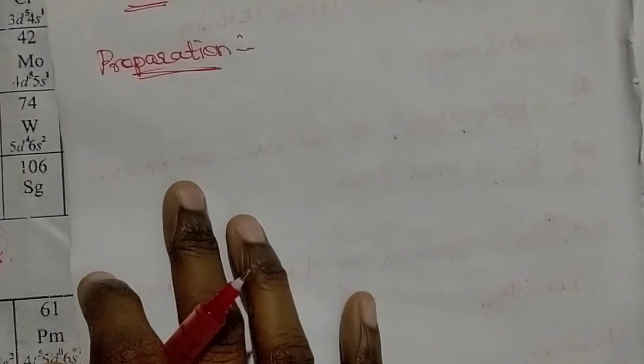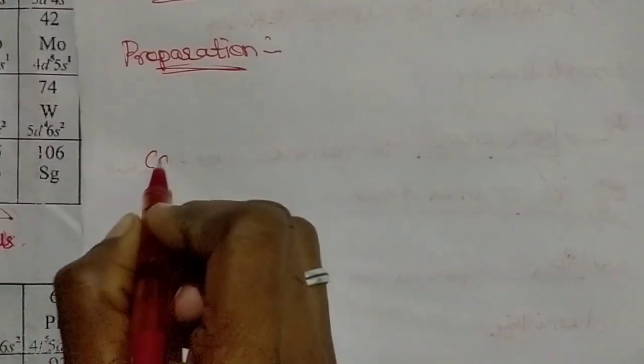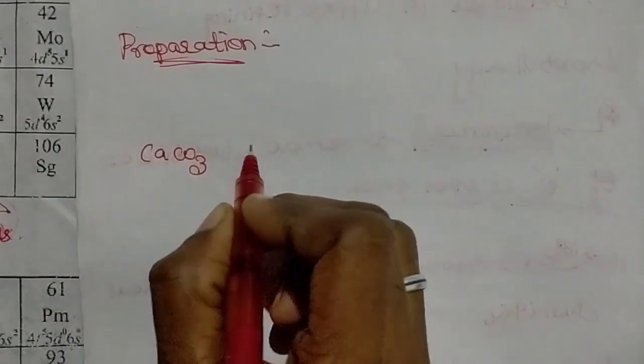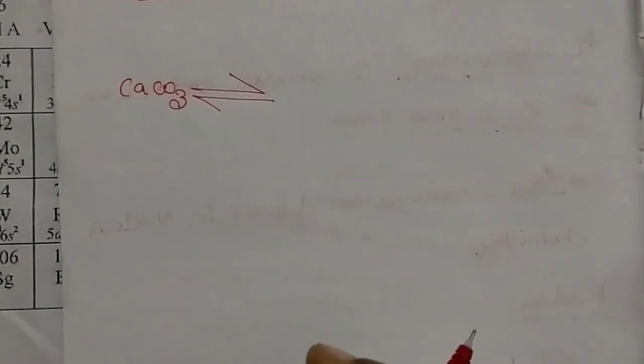Now we are going to see the preparation of quicklime. We prepare quicklime by heating calcium carbonate in the lime kiln, in the temperature range of 1070 to 1270 Kelvin. It is a commercial process.